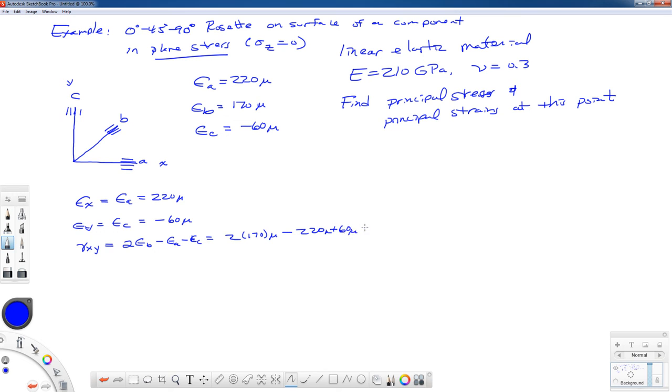And those are microstrain units. So let's see what we get for gamma XY. 2 times 170 take away 220, and we're going to add 60. I got 180 microstrain.